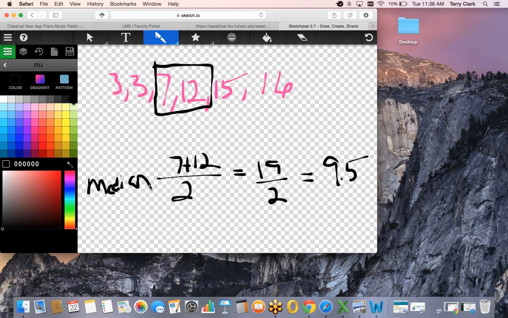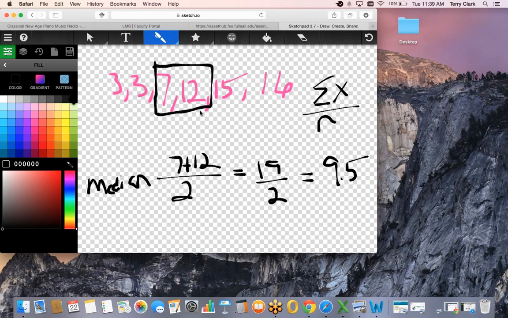All right, now the mean is what we use to find grades sometimes. It's an average, so we've got to add all these numbers up. The mean is found by the sum of the numbers divided by the amount of numbers. That's our formula. So if we take 7 and 12, we already know that's 19.